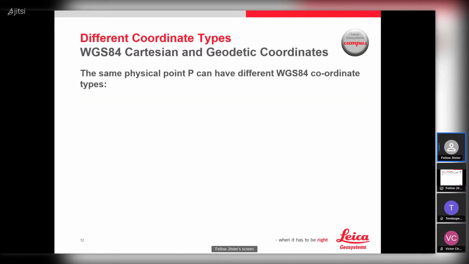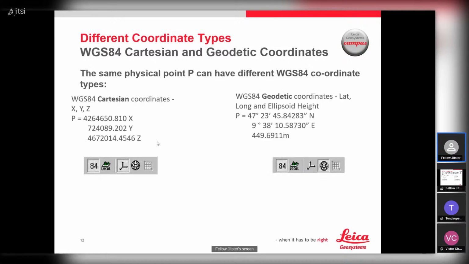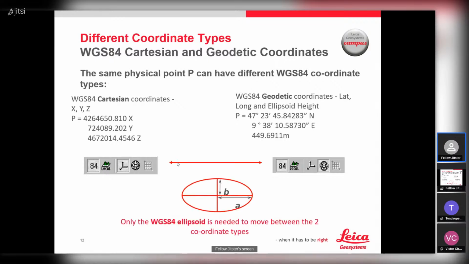So when we talk about these transformations, or actually this is not really a transformation, this is just something that we call a conversion. As we said, the native coordinates are X, Y, Z, and if you want to convert into WGS84 latitude, longitude, and height, all you need to know are the parameters of the WGS84 ellipsoid.